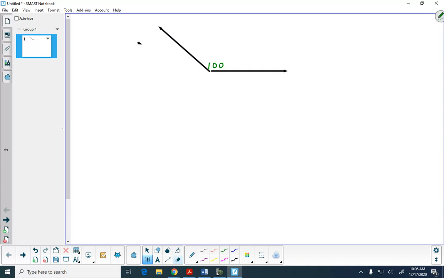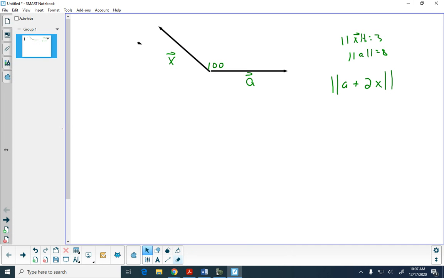We have vector x there and vector A. Here, I give you the magnitude of x is equal to 3, and the magnitude of A is equal to 8. And I want to calculate the magnitude of A plus 2x.